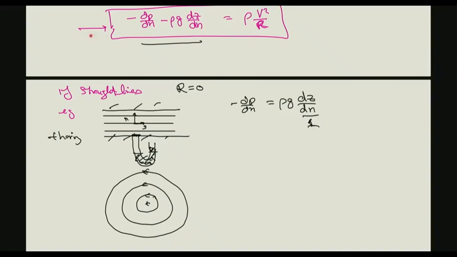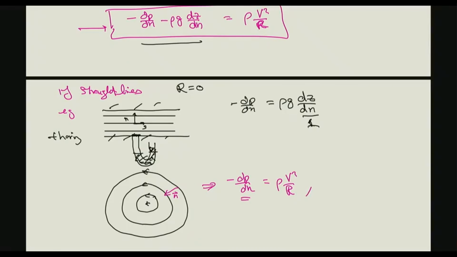So we apply this equation here, and if it's in the horizontal, then this term would go away, and we would have minus partial p partial n equals rho v squared over r. So this equation says that the change in the pressure in the normal direction is equal to this.